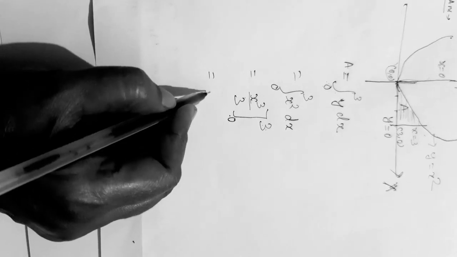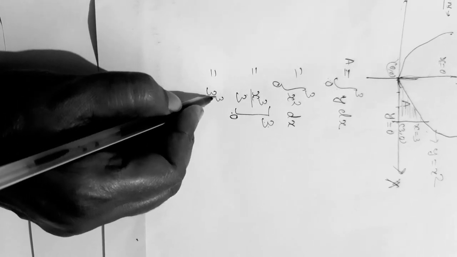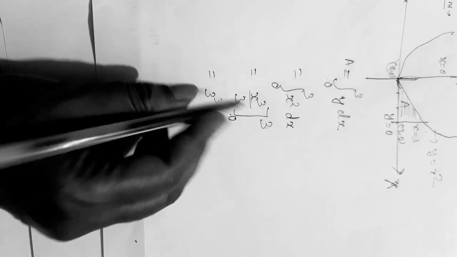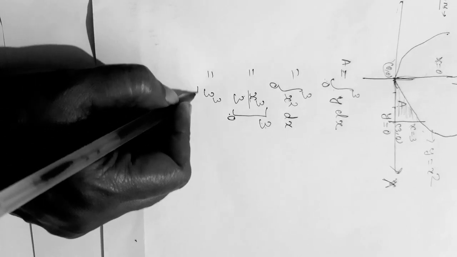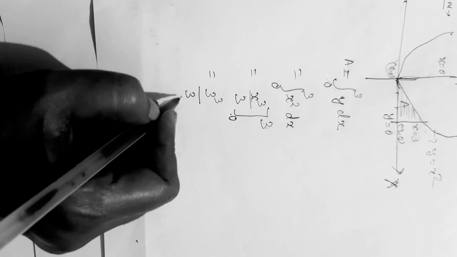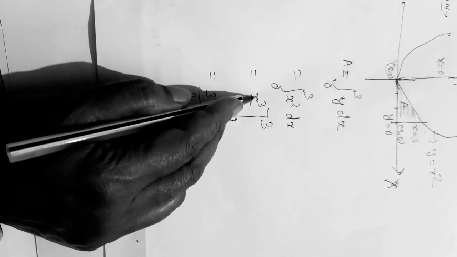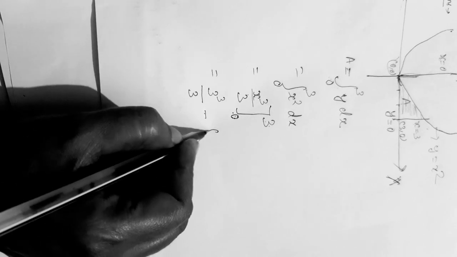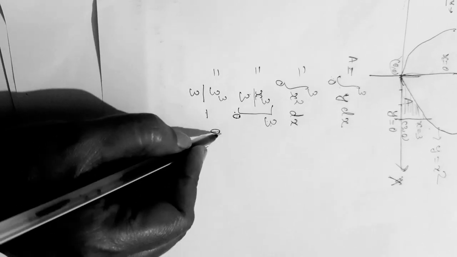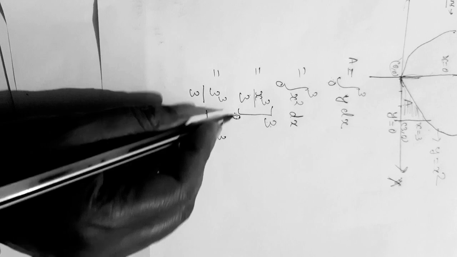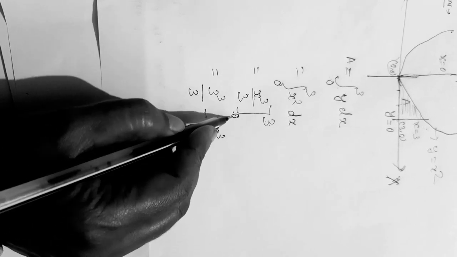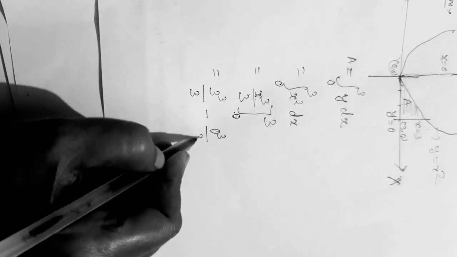So x cube is replaced by 3 cube, then x cube by 3 is 3 cube by 3, minus, then replace x by the lower limit, so x cube by 3 becomes 0 cube by 3.